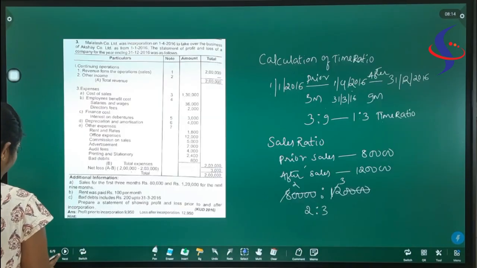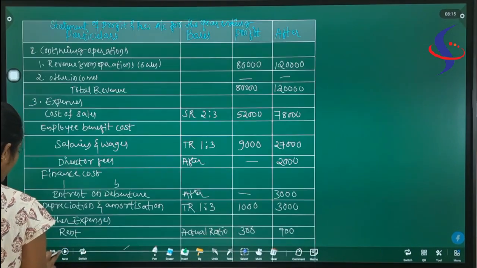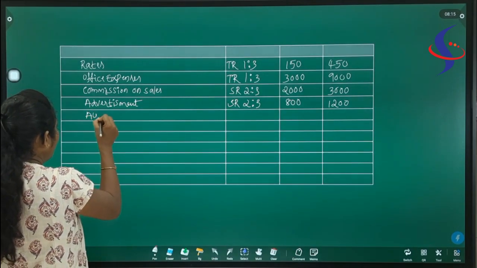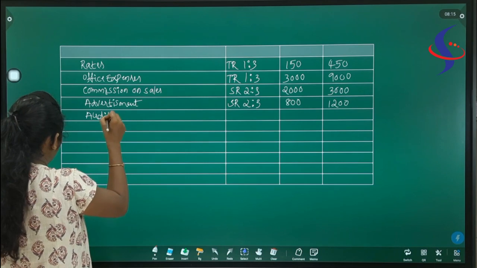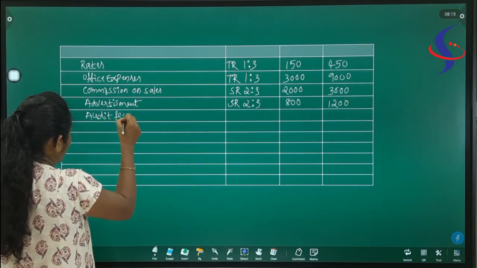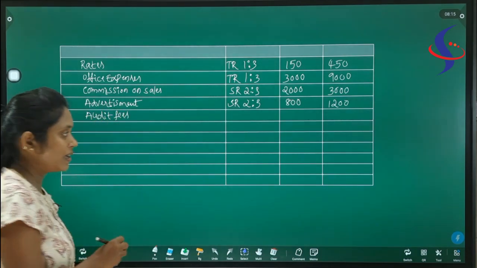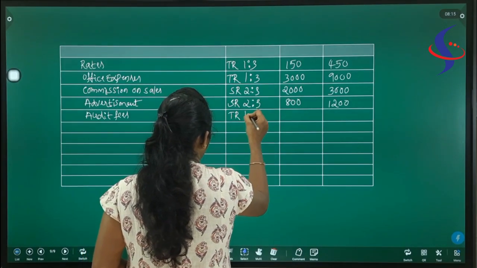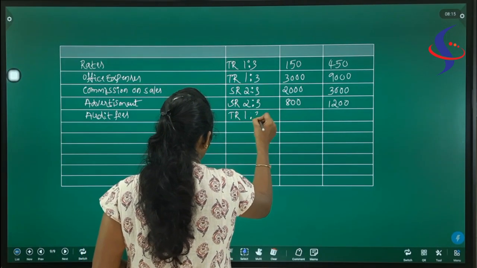Then audit fees. Audit fees means whatever transactions you do are entered, and that will be audited at the end of the year, and that is nowhere connected to sales. That is a fixed expense. When it is a fixed expense, use time ratio 1 is to 3.